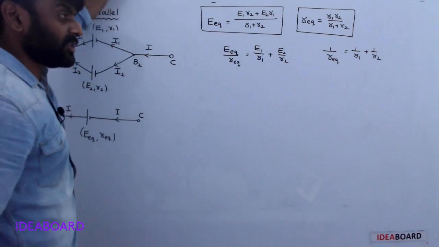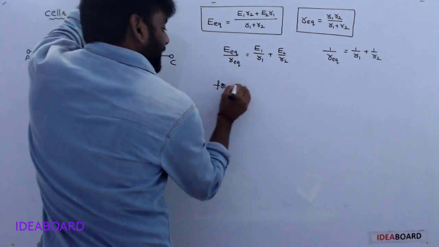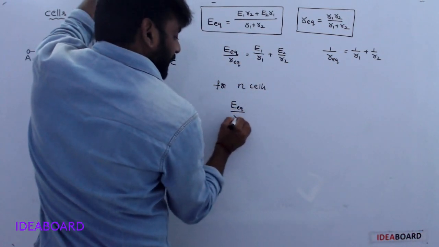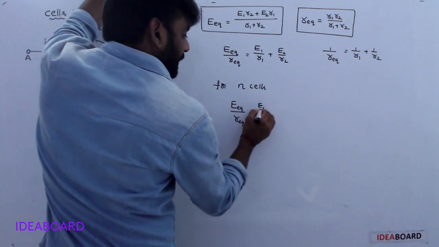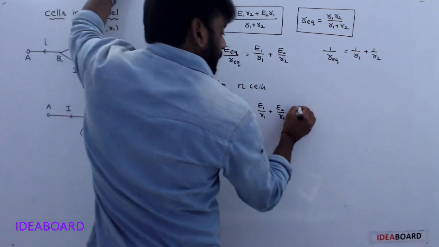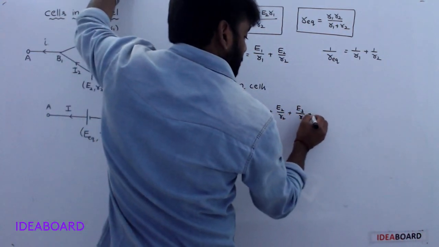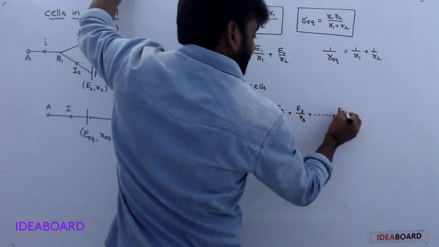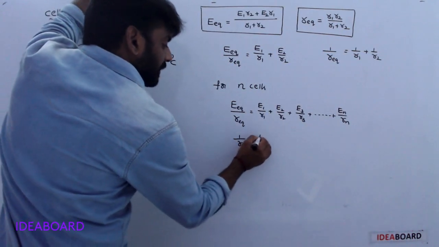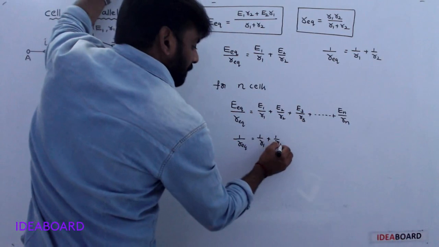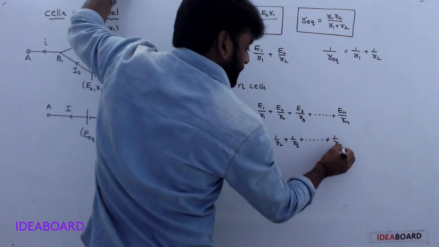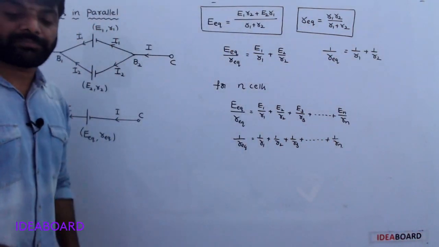Okay, next for N cells, you write E equivalent by R equivalent is equal to E1 by R1 plus E2 by R2 plus E3 by R3 plus up to E suffix N by R suffix N. 1 by R equivalent is 1 by R1 plus 1 by R2 plus 1 by R3 plus up to 1 by R suffix N. Understood?